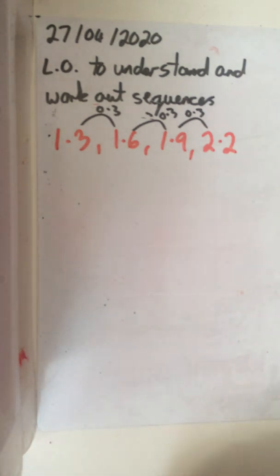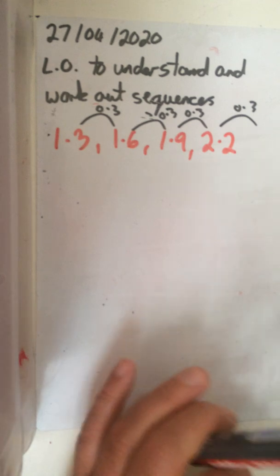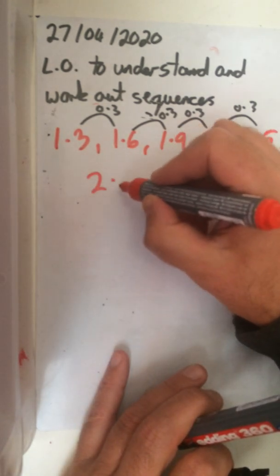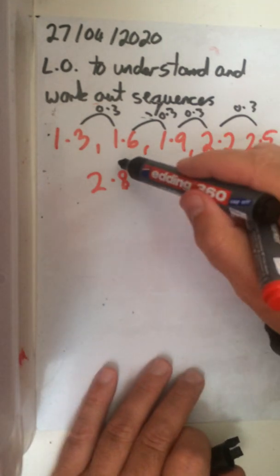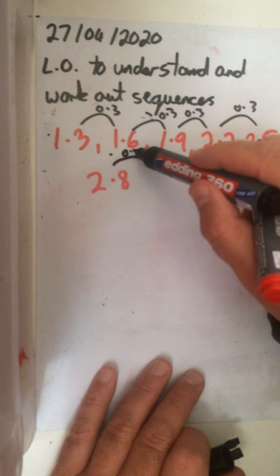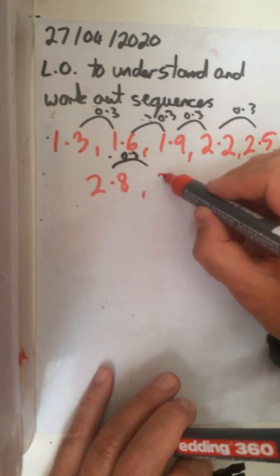So just be a little bit careful. This one would be 2.5, then 2.8, and these are the tricky ones when you're going up to the next whole number. When you're going up 0.3, it would come up to 3.1.